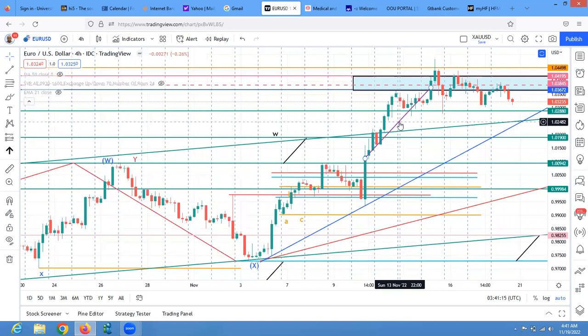a pullback. One thing you will notice is that when price is going to pull back, there will be a whole lot of funny movement at important levels to frustrate you. When you want to do a consolidation and a pullback and a consolidation, they are going to frustrate you a lot.